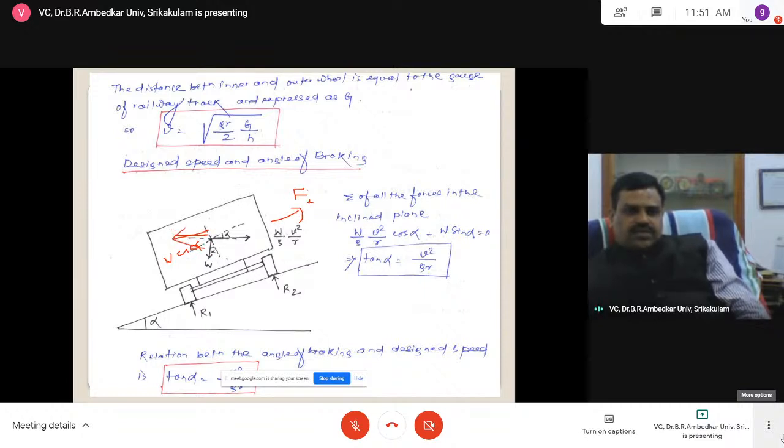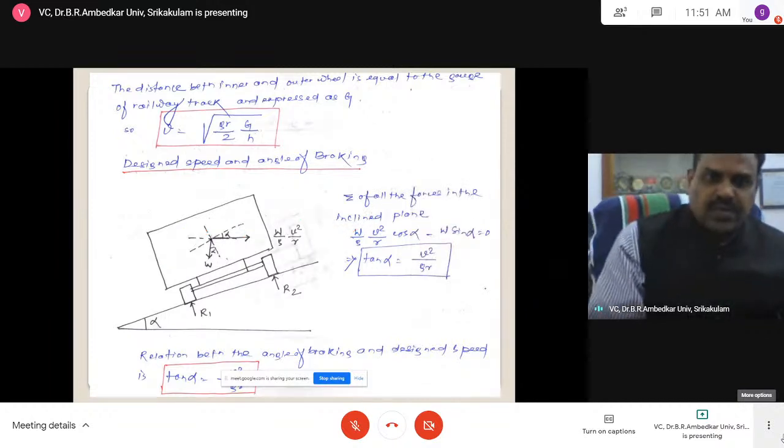This minus this, resolved along this axis by making an angle, is equal to 0. From this, the weight and weight will be cancelled. Now tan alpha is equal to V square by GR. You move this to this side. So this is how generally we can write the expression.